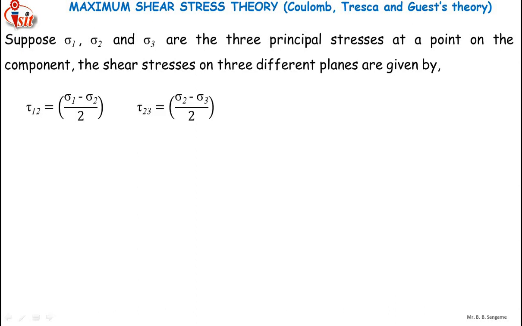Similarly tau 2 3 equals sigma 2 minus sigma 3 by 2, and tau 3 1 equals sigma 3 minus sigma 1 by 2. So this is equation 1.